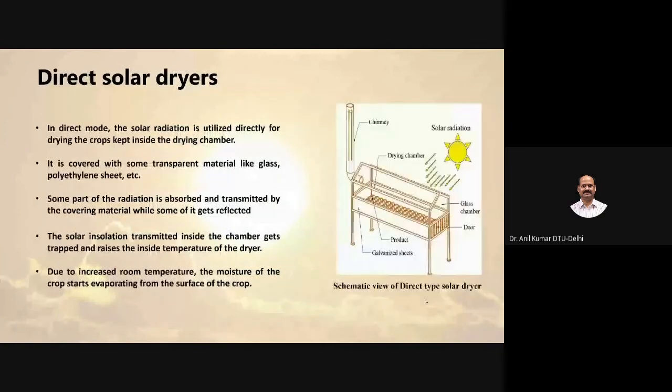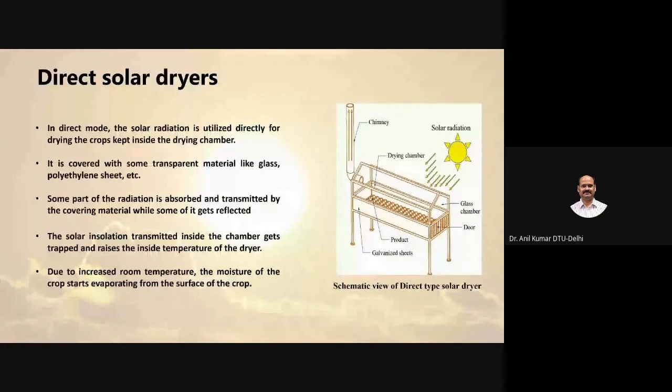I am showing you over here. This is basically the direct type system. Solar radiation is coming and passing through this transparent canopy, which could be glass or polycarbonate sheet. The solar radiation in the form of short wave radiation falls on the crop or agricultural produce spread on the tray.